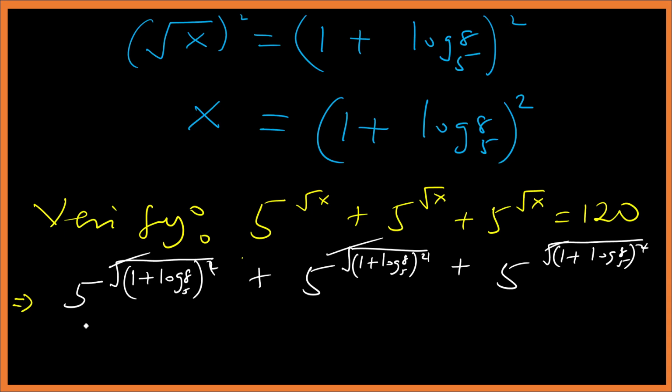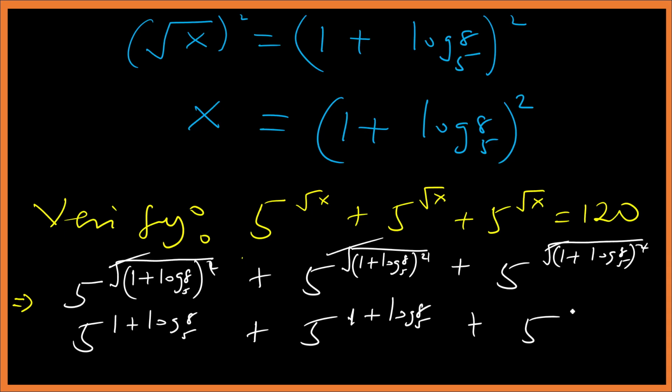I will have 5 raised to 1 plus log 8 base 5, plus 5 raised to 1 plus log 8 base 5, plus 5 raised to 1 plus log 8 base 5.